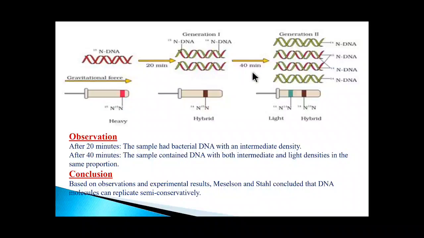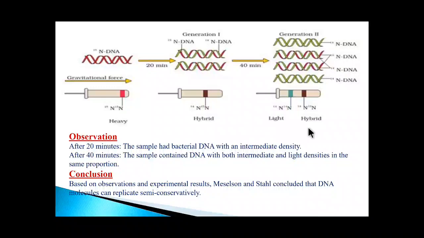Now after the second replication, that is after 40 minutes, the DNA extracted from the culture showed that the density of one half of the DNA was between N14 and N15, identical to the one obtained during the first replication, and the other half was in the N14 density region. This is N14, this is N14, and this is the intermediate, that means the light and the hybrid.